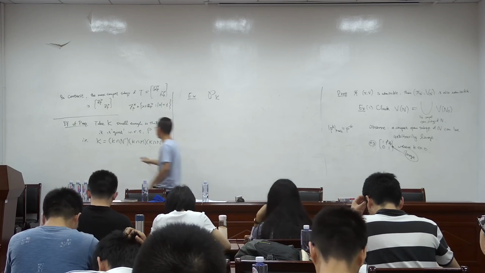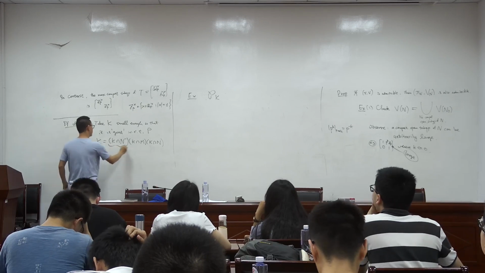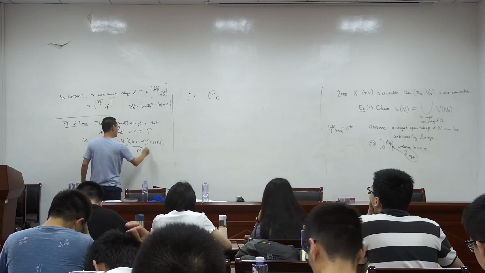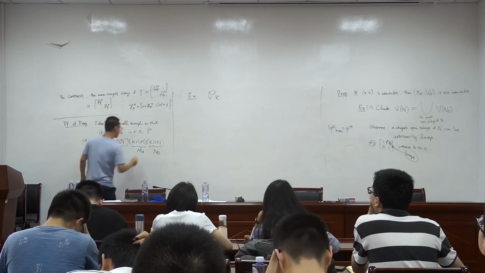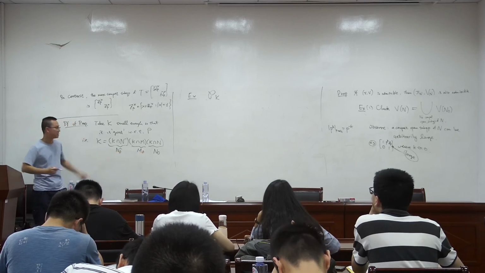Perhaps I give these subgroups some shorthand notations. I usually write it n0 minus, this is m0, this is n0. Just a shorthand notation for these factors.